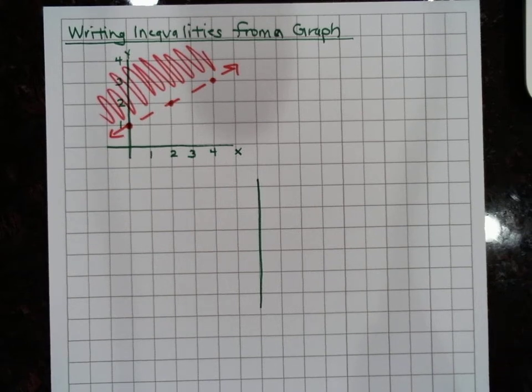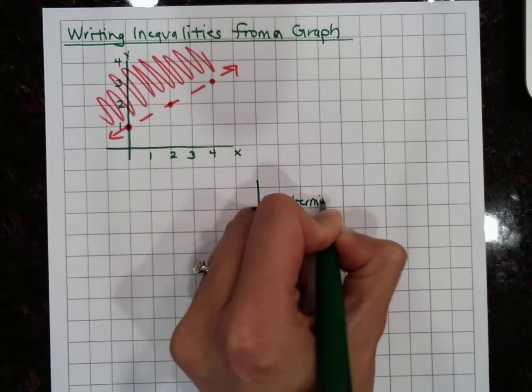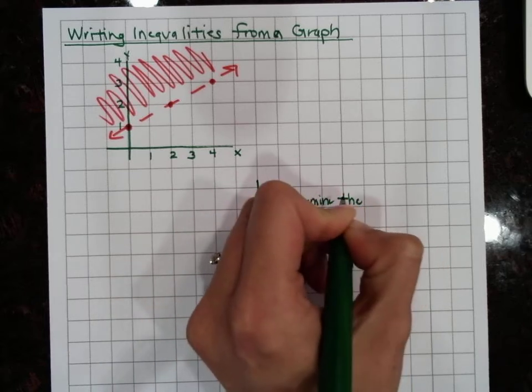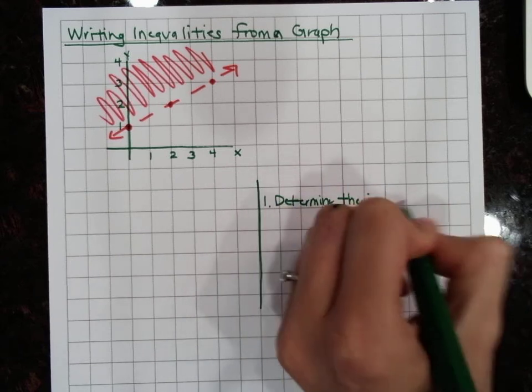So the first thing we're going to want to do is determine the inequality symbol by looking at the line and shading.